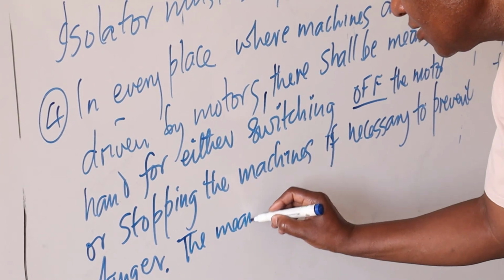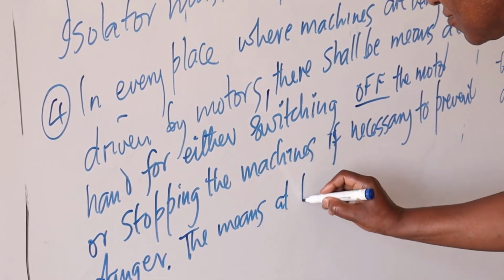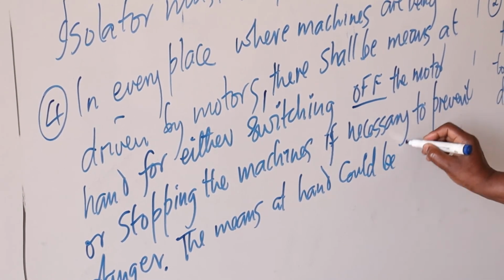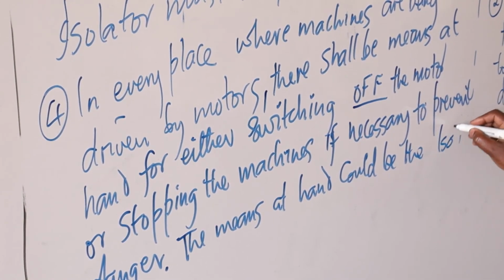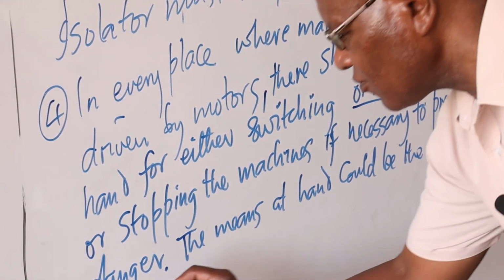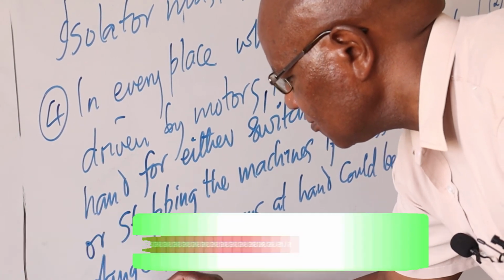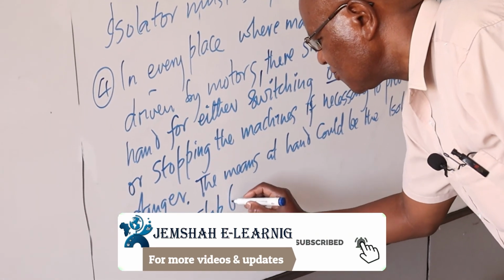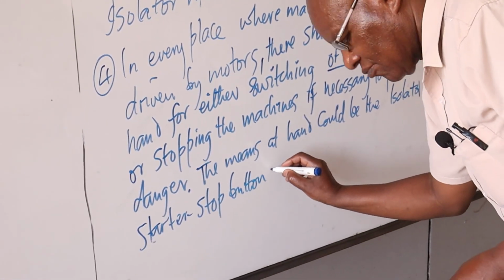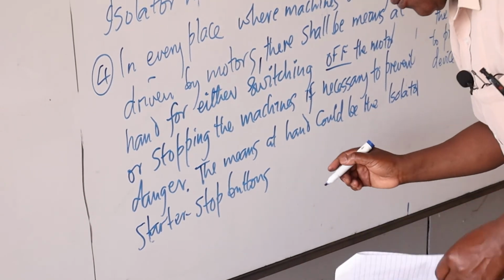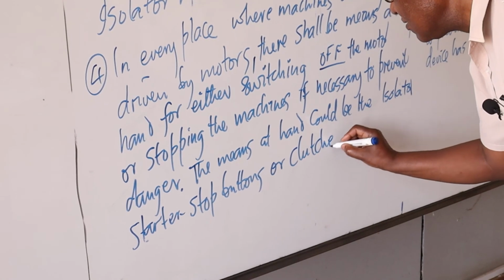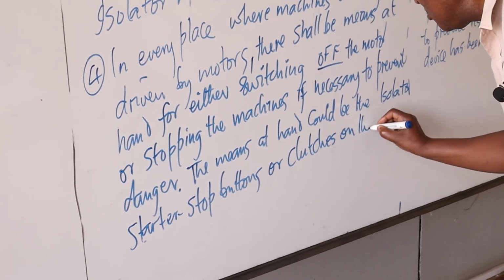The means at hand could be the isolator, starter, stop buttons, or clutches on the machines.